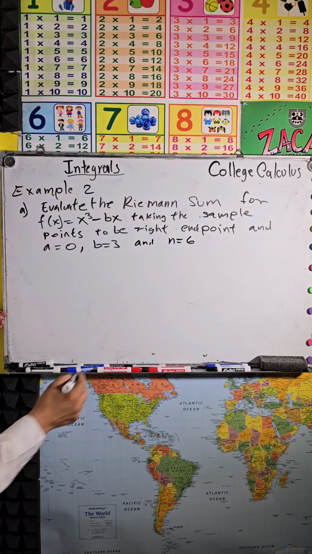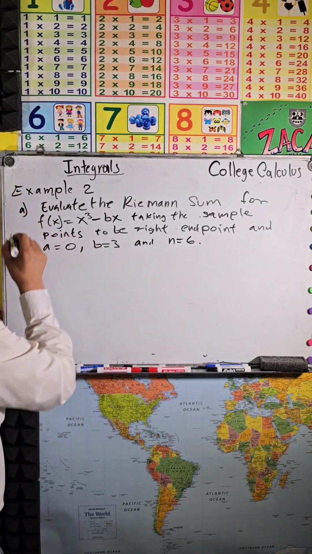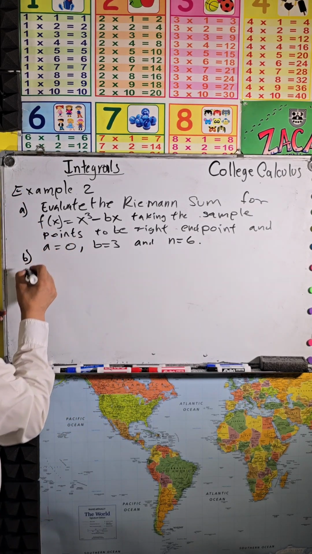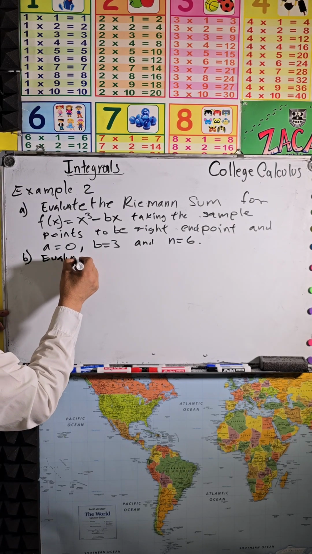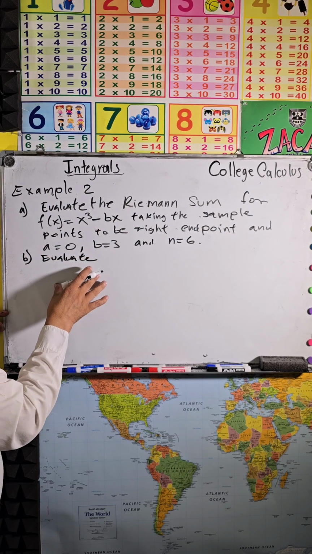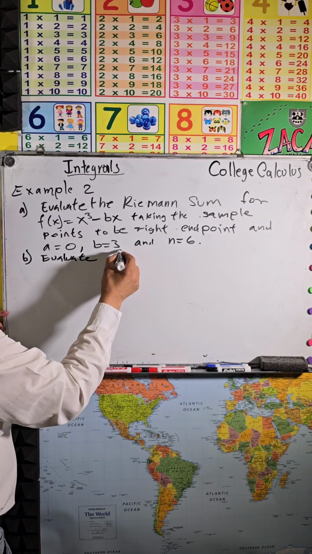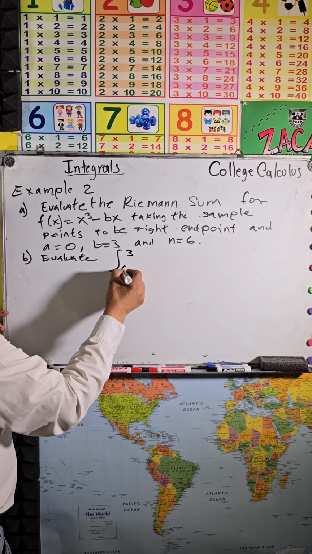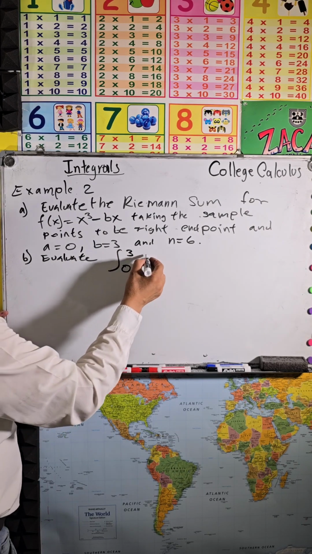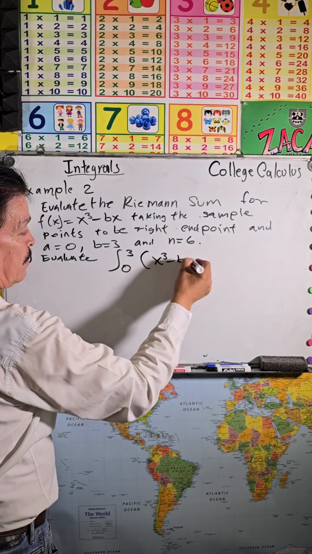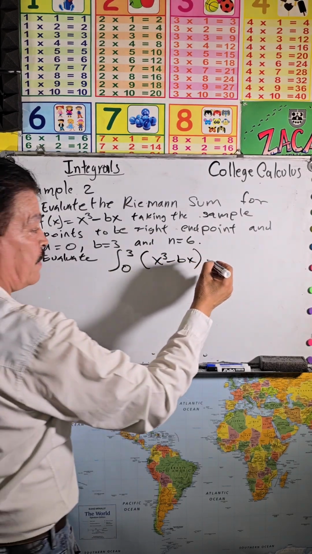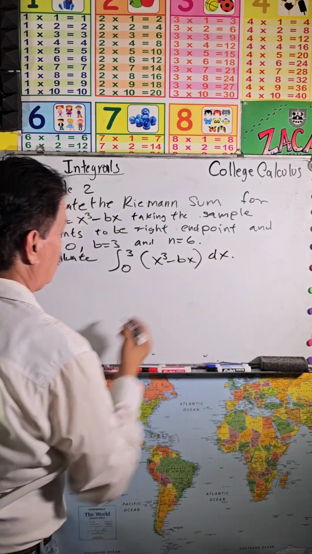Remember these formulas? Part b, we have to evaluate the integral from 0 to 3 of x cubed dx. So the solution.